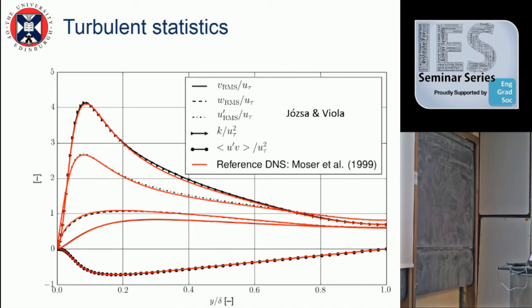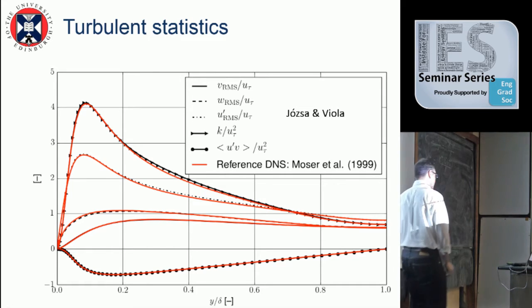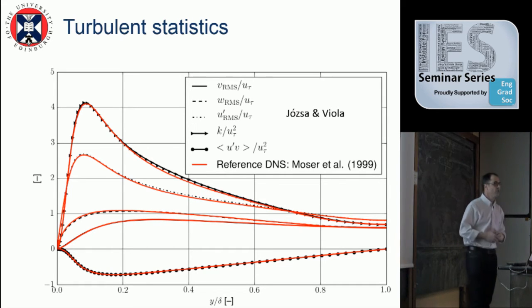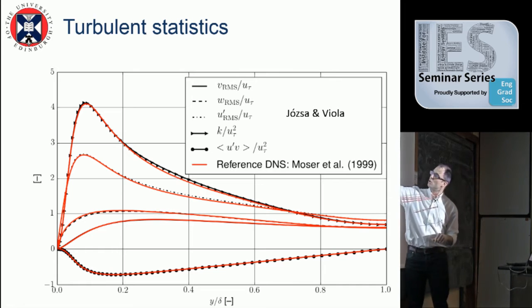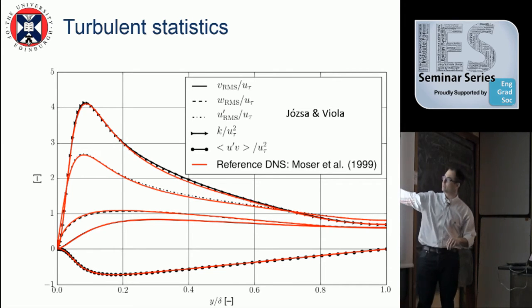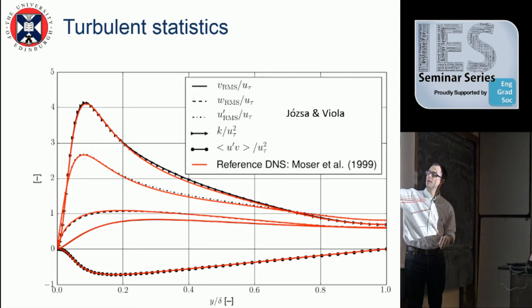Something that my students always wonder is why the Reynolds stresses have a minus in the front, and the reason is that they're always negative, in fact, which is the only curve that is always on the lower side. The Reynolds stresses, this U prime V prime, or U prime V, because the average of V doesn't exist, so it doesn't matter. U prime V prime is the cross product of the fluctuations in the streamwise direction and in the vertical direction.